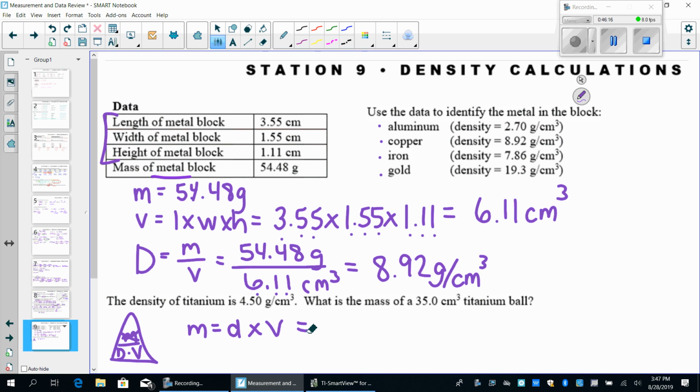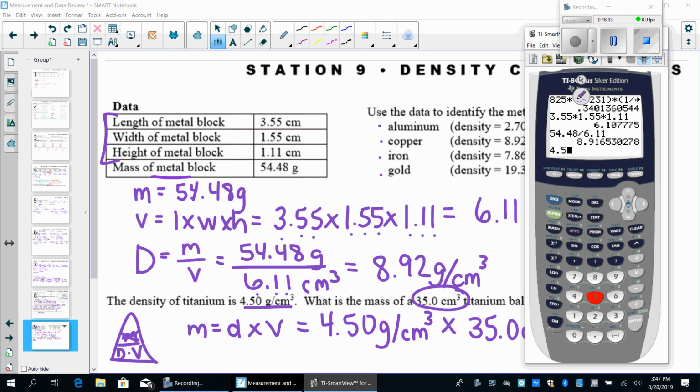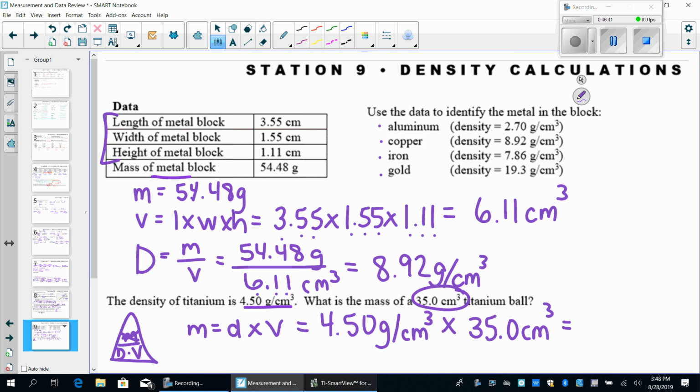The density is 4.5 grams per centimeter cubed times the volume, which is 35.0 centimeters cubed, and that gives you 157.5. Each of these values has 3 significant figures, so you have to round that to 158 grams.